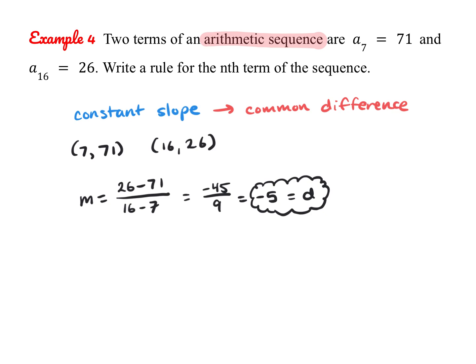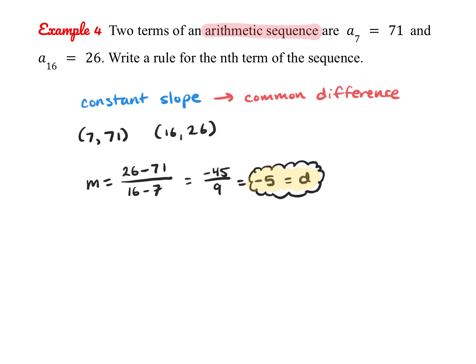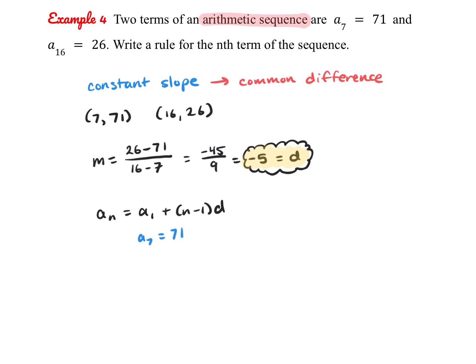So once you have the common difference, we still need to find a sub 1, but we don't have to create a system of two. We can just simply substitute one of the two pieces of information to help us find a sub 1. So maybe I will use a sub 7 equals 71. So this is like what we did 2 examples ago.